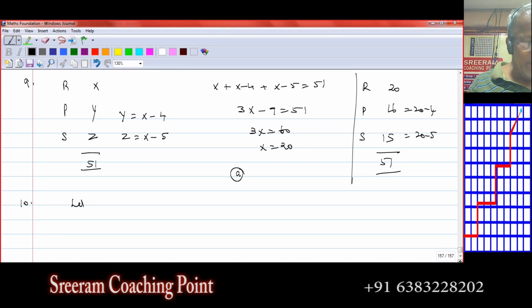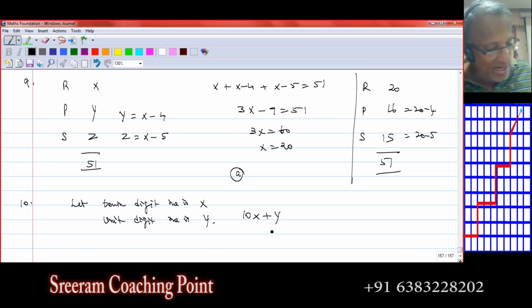So let 10th digit number be X and unit digit number be Y. So 10X plus Y is the value of the number.